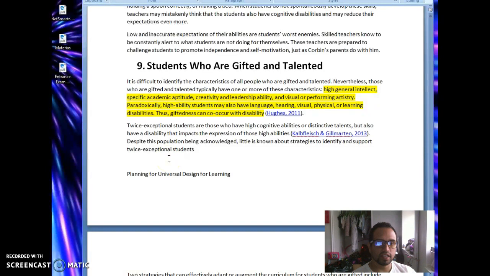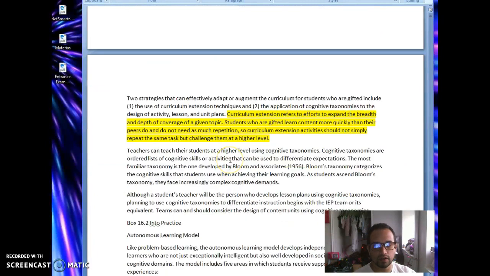Now, the students who are gifted or talented are basically students who are brilliant, who can access information or copy information very quickly. So what we're saying here is that they perform at a higher level than others. Their social interaction is great, and also their academic level is great. They're basically gifted, so they're above expectations.